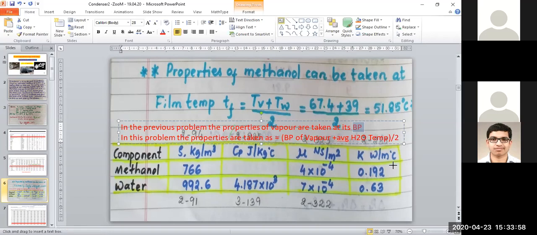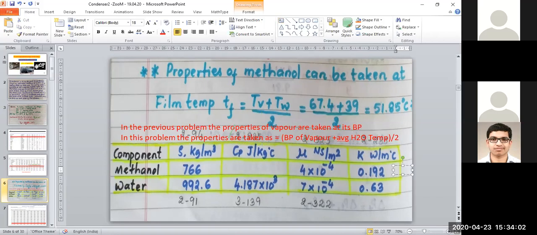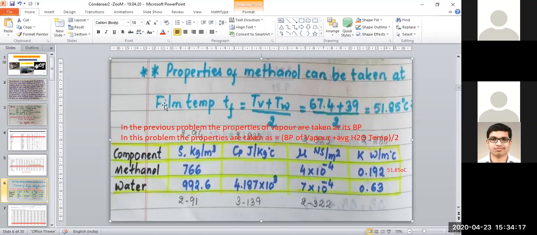These are the properties which will be taken at 51.85 degrees centigrade. These are the properties taken at this temperature. I want you to derive one more column here. So methanol. Copy. I'll show you all the values.